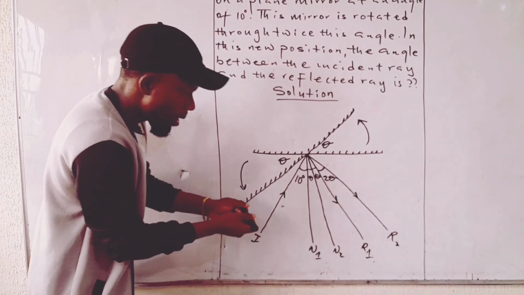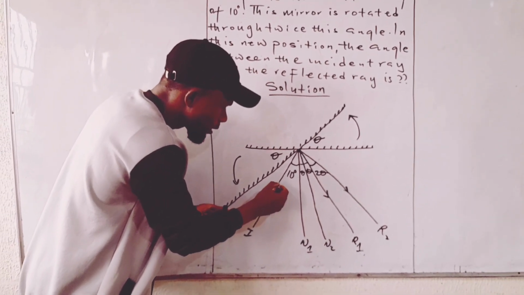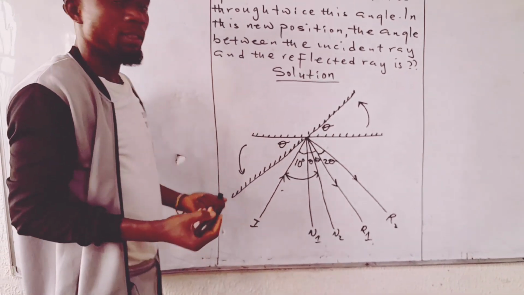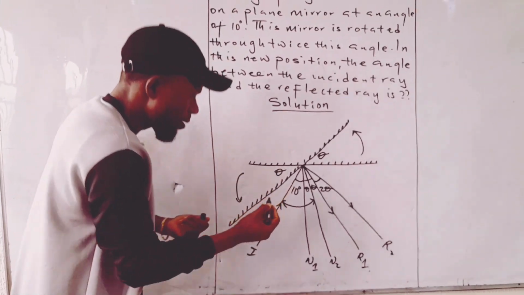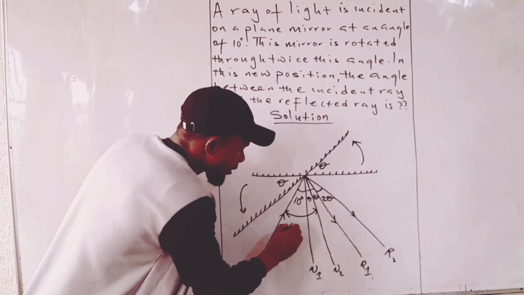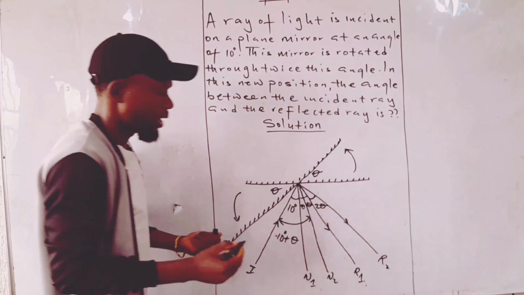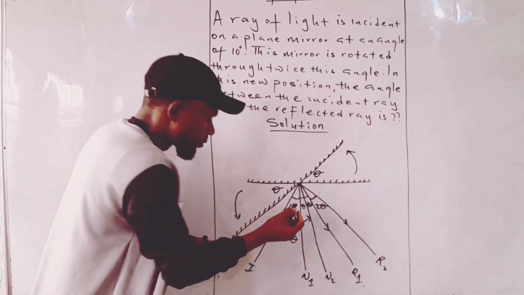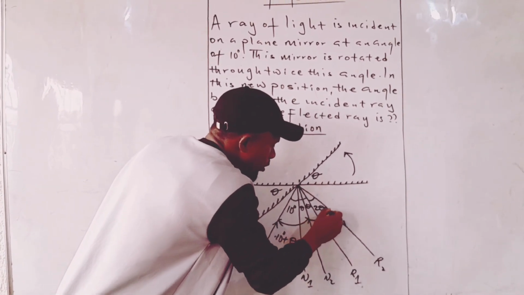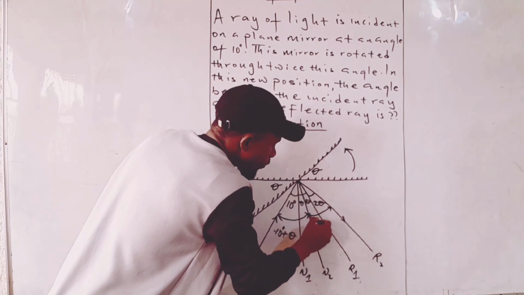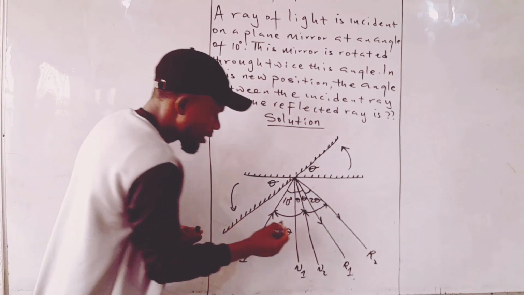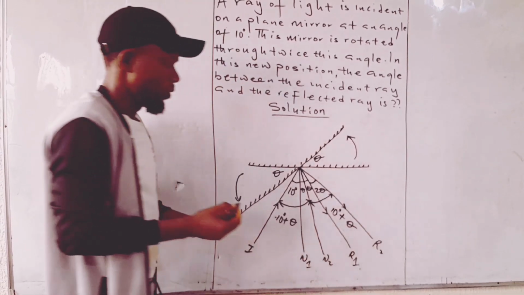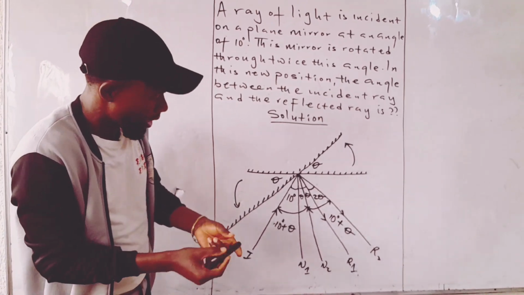Clockwise. So my angle of incidence will now be from this part to this part. So from here to here is my angle of incidence. That means I will have 10 degrees plus theta. And remember, angle of incidence is equal to angle of reflection. That means from here to here as well is my angle of reflection, which is the same thing as 10 degrees plus theta.